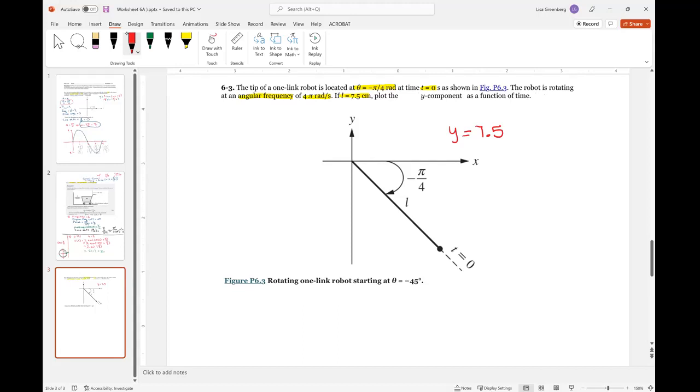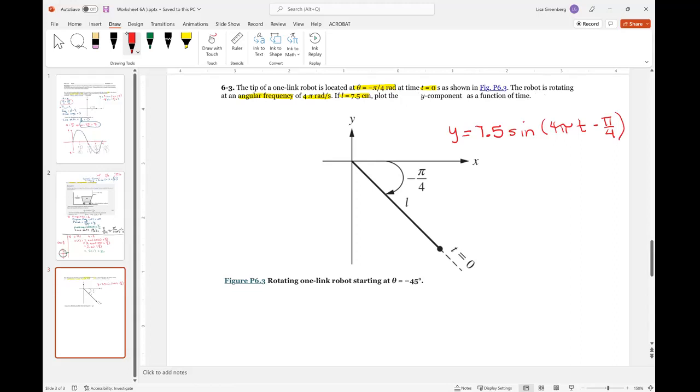So this is going to be the sine of omega, which is our angular frequency, 4 pi t. And then it's lagging minus pi over 4. Okay. And I think we have everything now we need to have it in that right form.